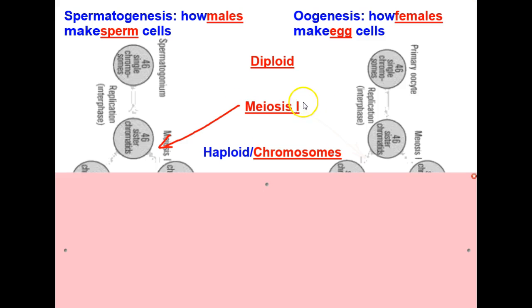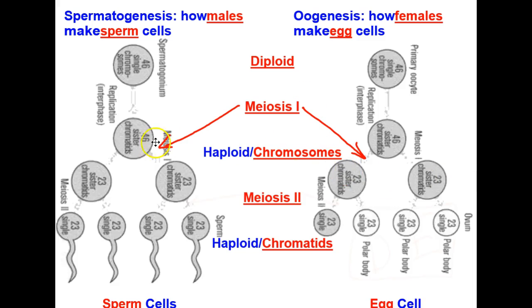And in the diagrams, meiosis I takes place right here. What do you end up with? 2 cells each with single chromosomes.